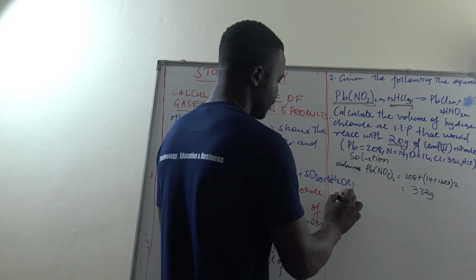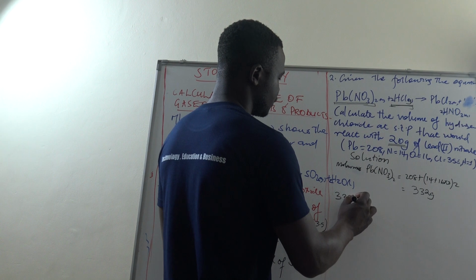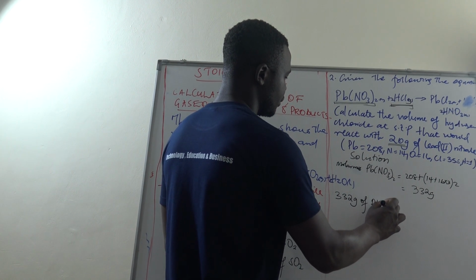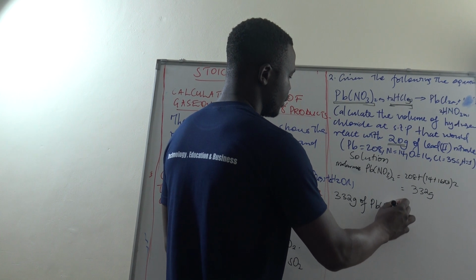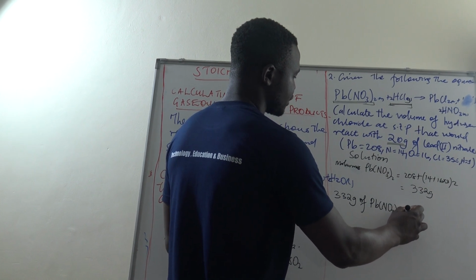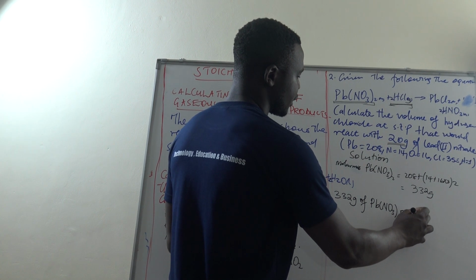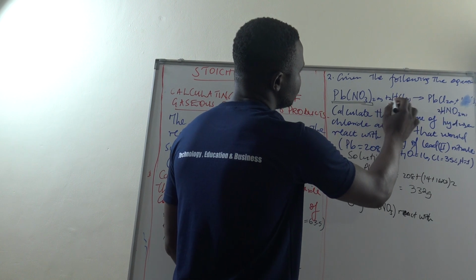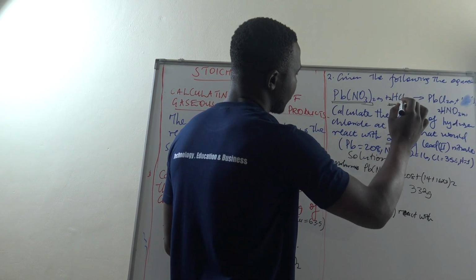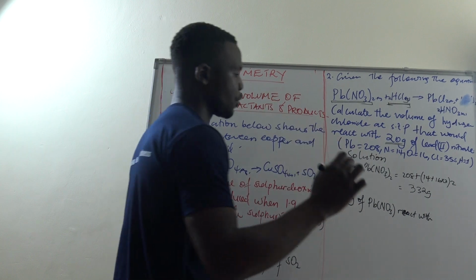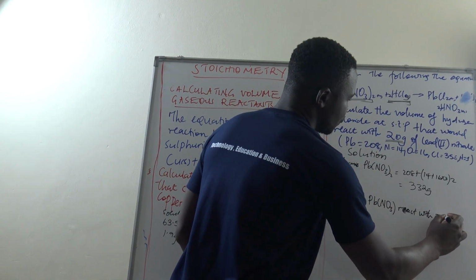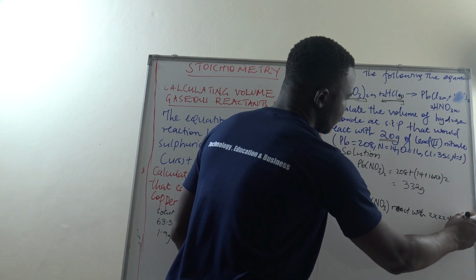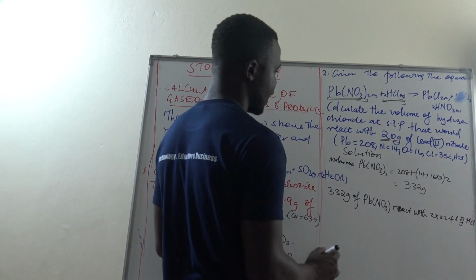So we are saying that 332 grams of lead 2 nitrate react with 2 moles of hydrogen chloride, and 1 mole occupies 22.4 liters, so it is reacting with 2 times 22.4 liters of hydrogen chloride gas.